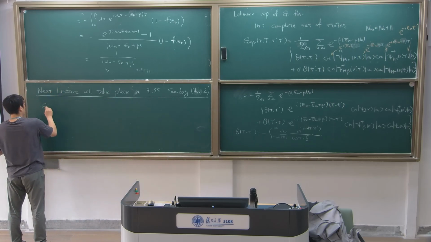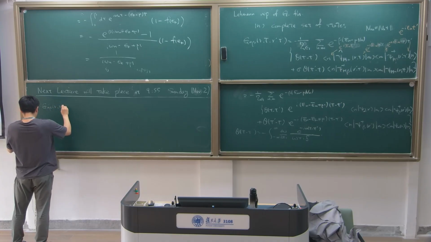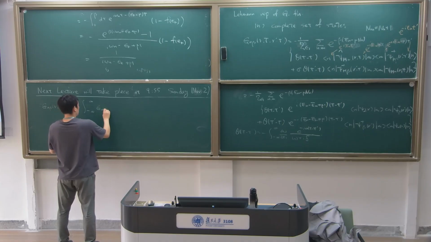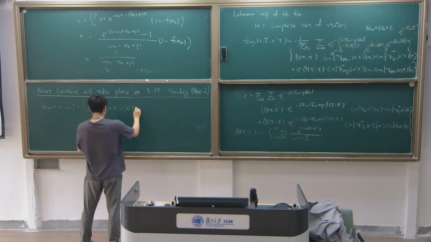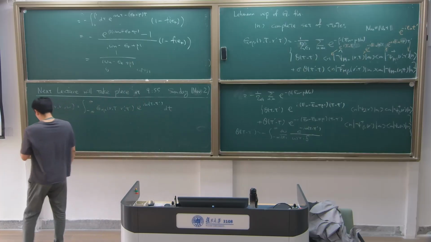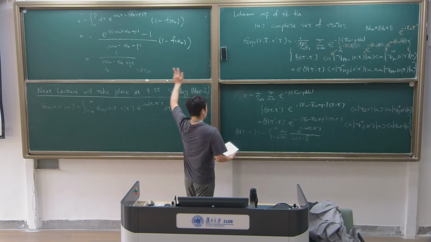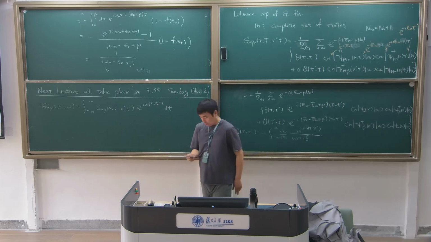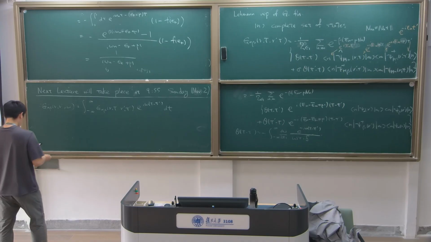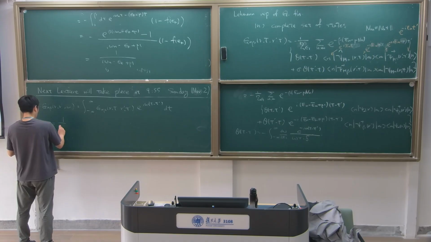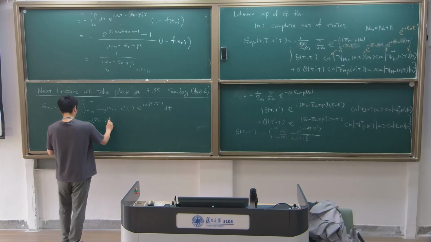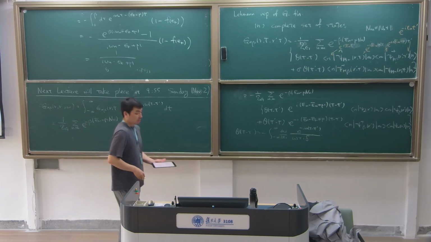So if you do the Fourier transformation in the time direction, this one, and plug this one into here, and use this identity for that function, what you get is equal to the sum over n.